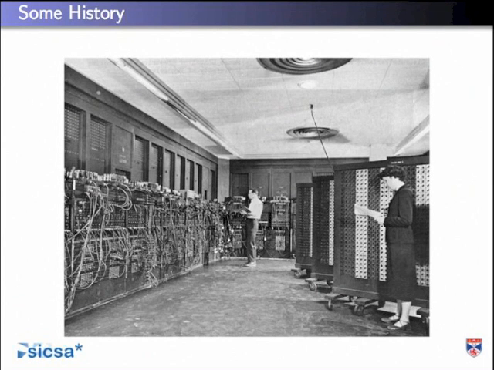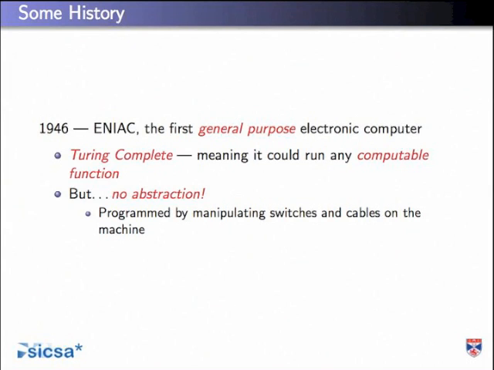This is a computer, a very early computer. Anyone recognize this one? Yes. Guess who's been on Wikipedia getting the public domain pictures? That's ENIAC. According to Wikipedia, so it must be true, it was the first general-purpose electronic computer, and Turing complete, which means you could use it to solve any computable problem, but it didn't have any abstraction.